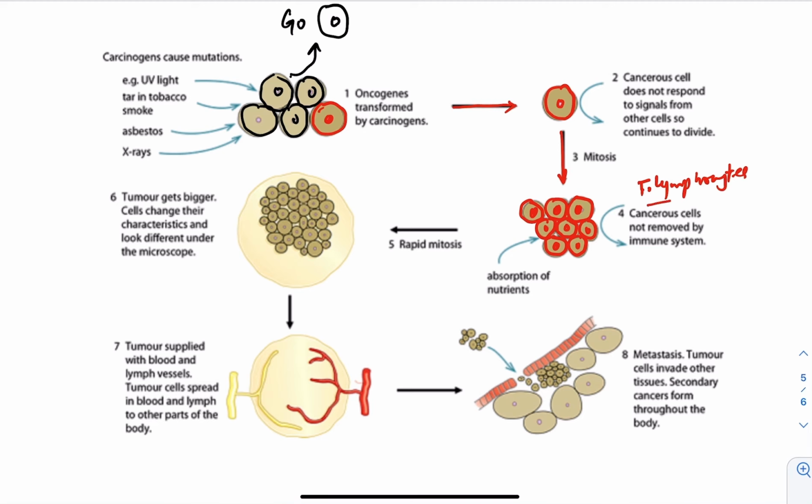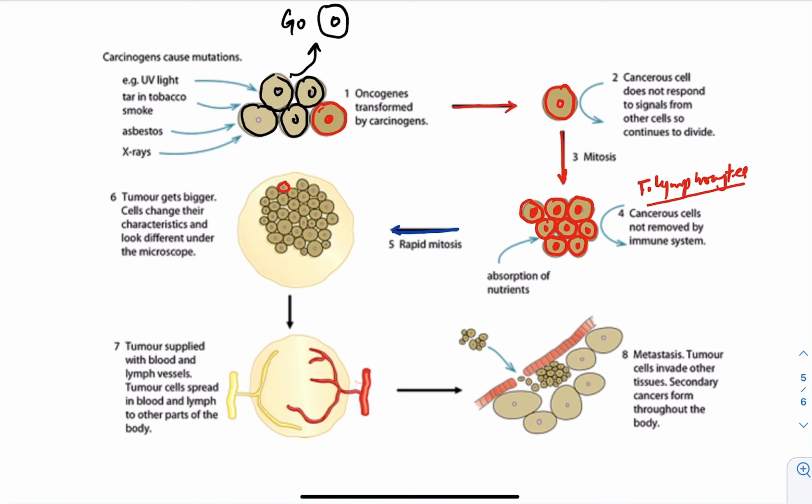In many cases, these tumor cells are removed by these lymphocytes from our body. So they do not develop into cancers or tumors. However, these cells sometimes fail to be removed by the immune system and continue to divide by mitosis and increase in number.